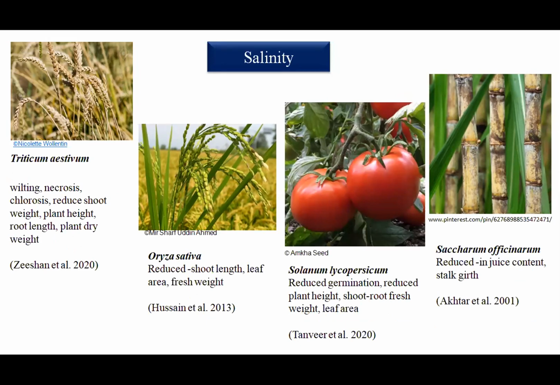Salinity also affects, and here cotton is replaced by tomato, and you could see that it leads to severe reduction in yield, as well as reduced germination due to salinity, and shoot length and fresh weight, the overall vegetative mass of all these plants, decrease.